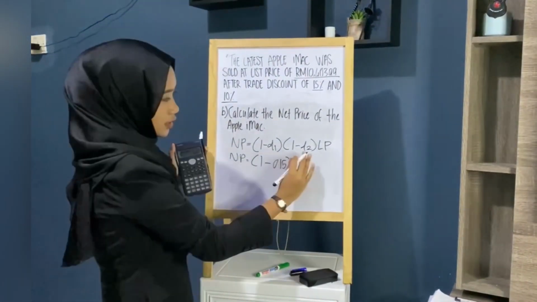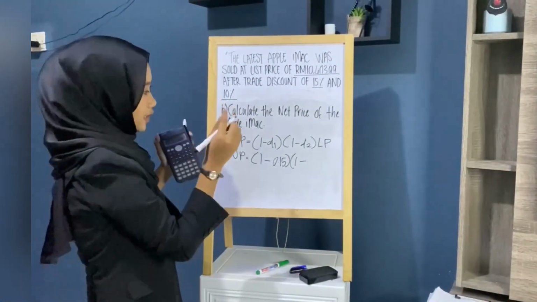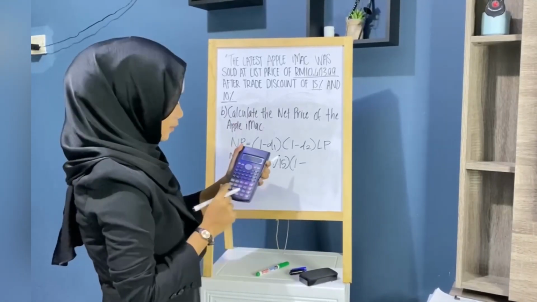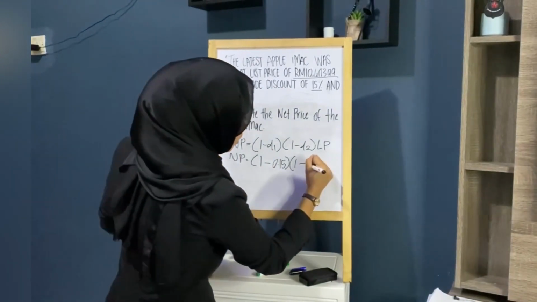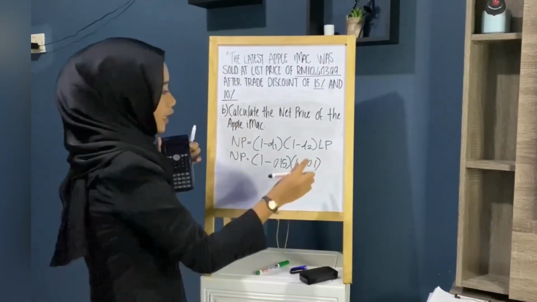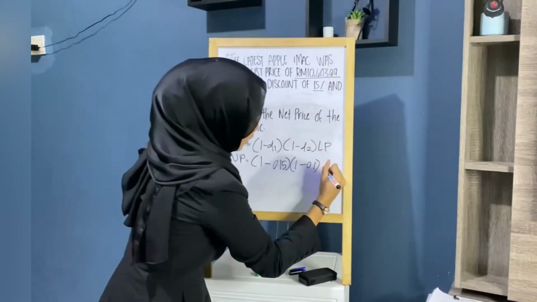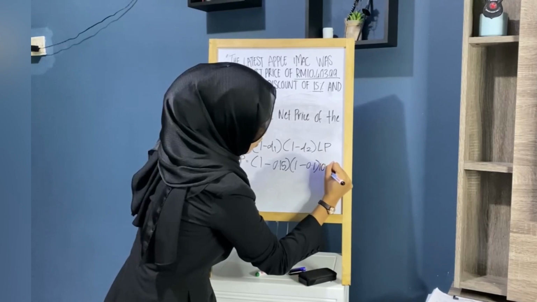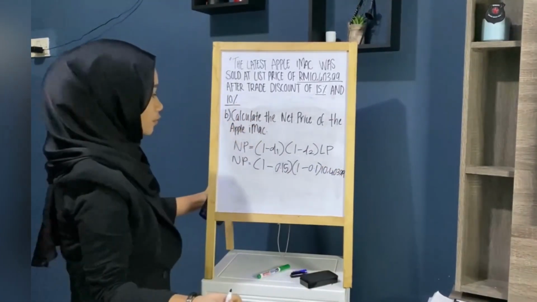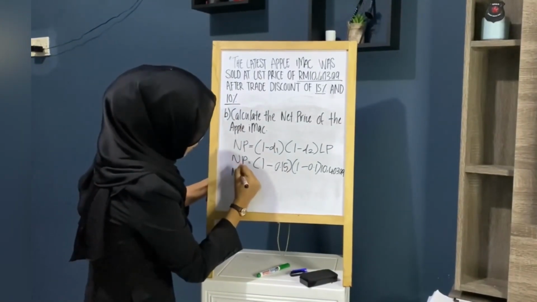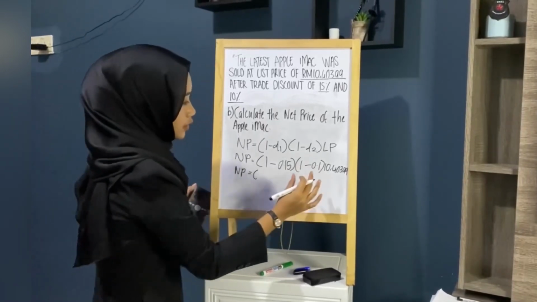And next, 1 minus B2. B2 is 10%. 10% divided by 100, you will get 0.1. And LP is list price. List price is RM10,402.99. Next, you must calculate one by one.